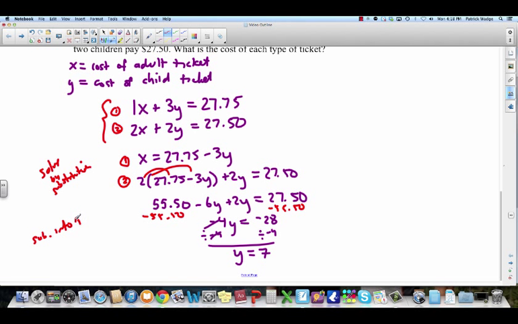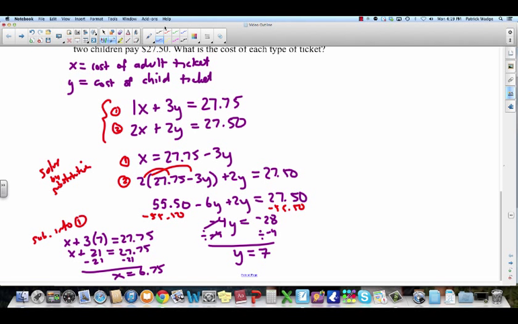I'll substitute into 1. So I have 1x, or just x, plus 3y, and y is 7, equals 27.75. So x plus 21 equals 27.75. If you subtract 21 from both sides, you end up with the answer x equals 6.75.